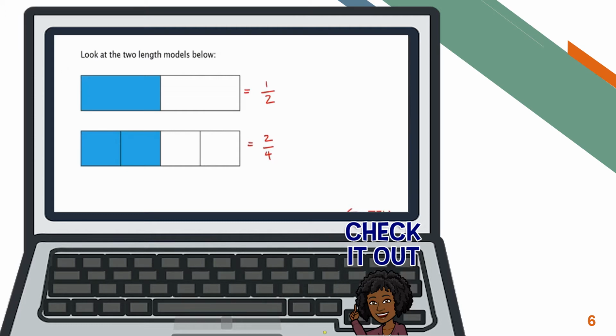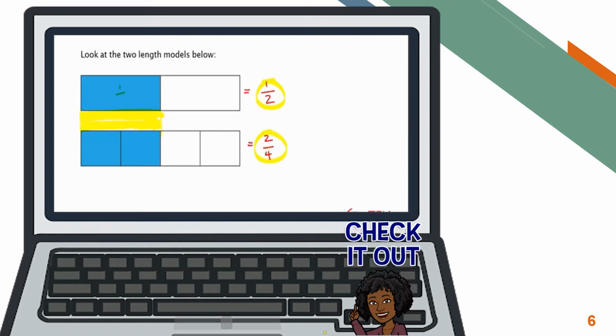And the other way you can see this here is just notice that the amount of space in this length is the same. So the blue area is the same amount of space, even though the fractions look different. And this means that these two fractions here are equivalent to one another. They both represent the same amount.